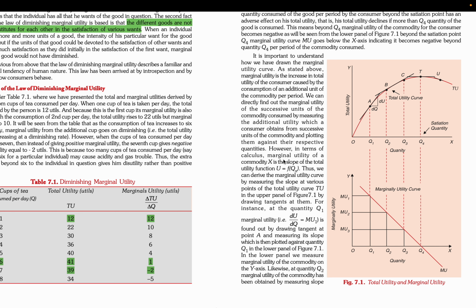However, in terms of calculus, marginal utility of a commodity X is the slope of the total utility function U = f(Q).